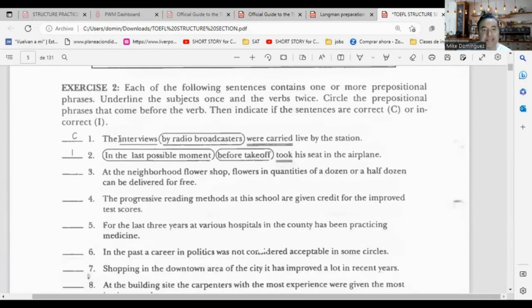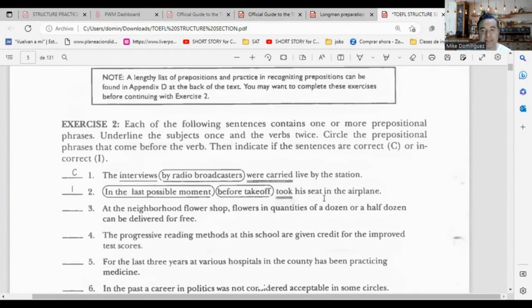Number 1: "The interviews by radio broadcasters were carried live by the station." That's correct. So you would circle the prepositional phrases that come before the verb. I'm going to put them in green. Then we underline the subjects once and the verbs twice.